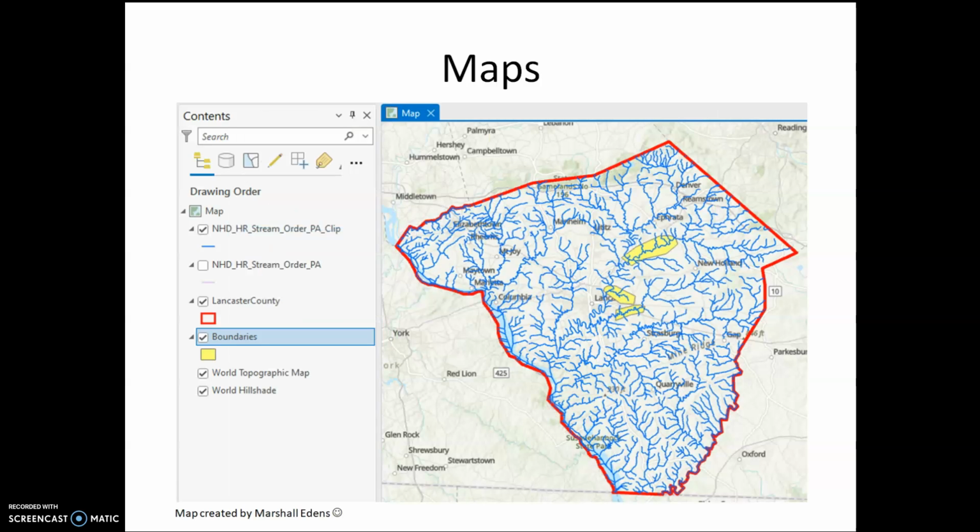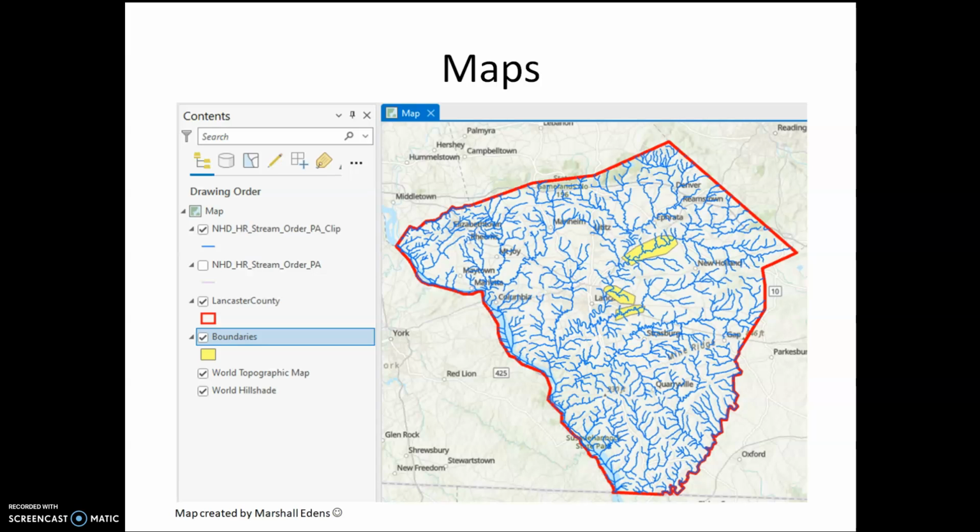This map here shows the Lancaster County boundary in red and the streams as vector files throughout the entire county. And then of course the yellow are my specific streams.